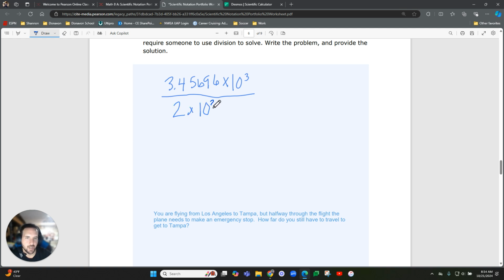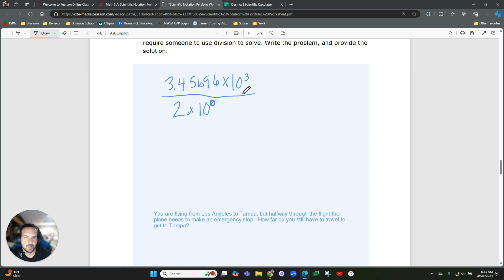Anytime you want to take a number and put it into scientific notation, if it's just a single digit number, you can just write 10 to the 0 power, because that's literally times 1. So 2 times 1.